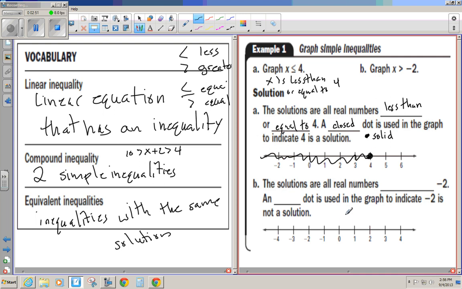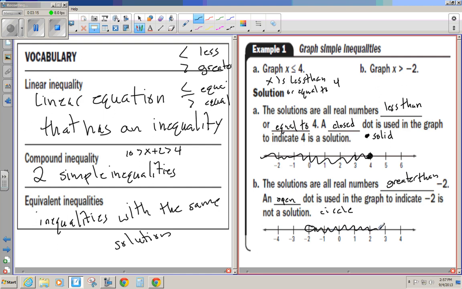go in that direction. Graph x is greater than negative 2. Those solutions are all real numbers greater than negative 2. And for this one, since there's no equal to, it is an open dot, or I guess you could just say it's a circle at negative 2.